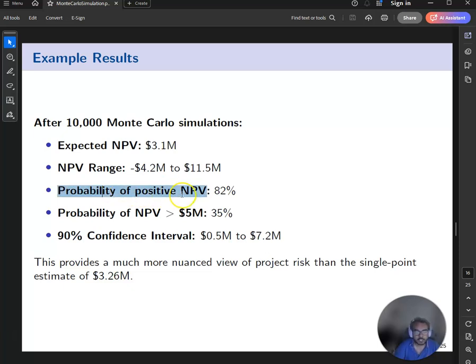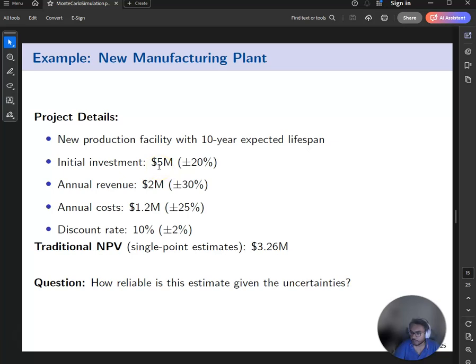The probability of positive NPV is 82%. So there's an 82% chance that the NPV will be greater than 0. Probability that the NPV will be greater than 5 million is 35%. So 5 million was my initial investment.